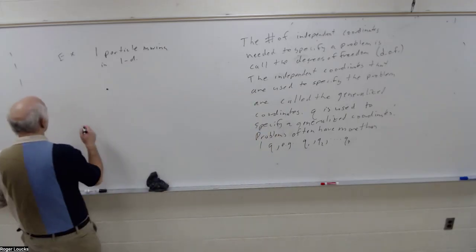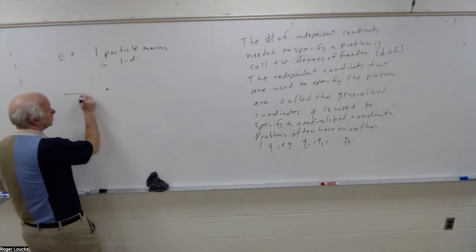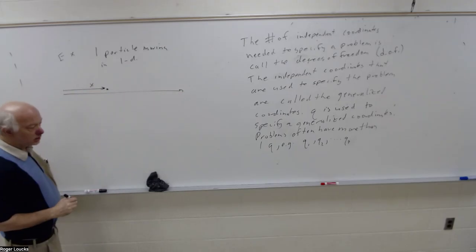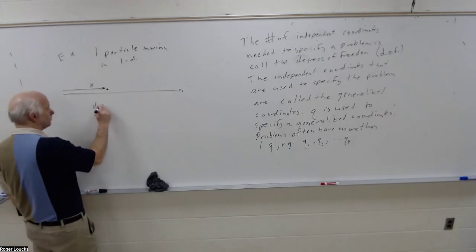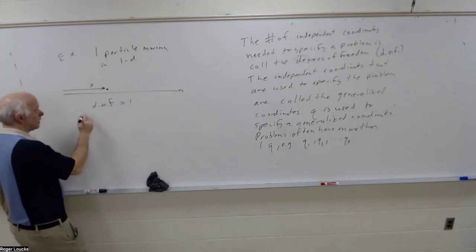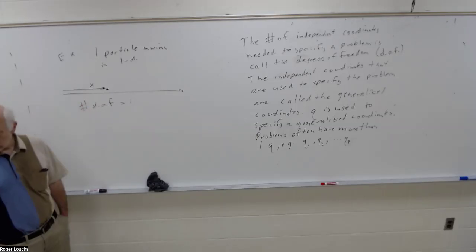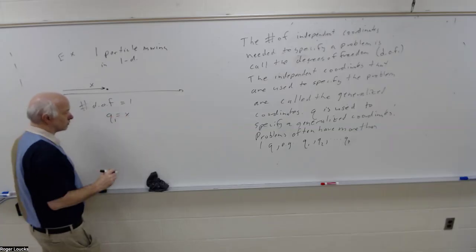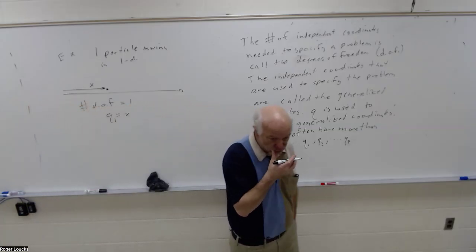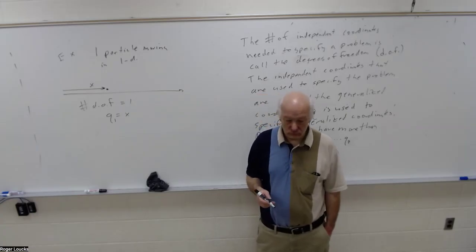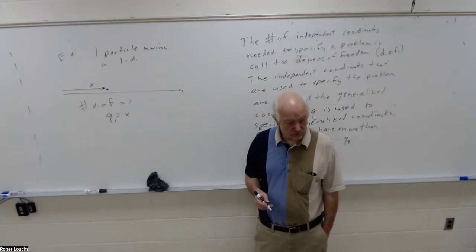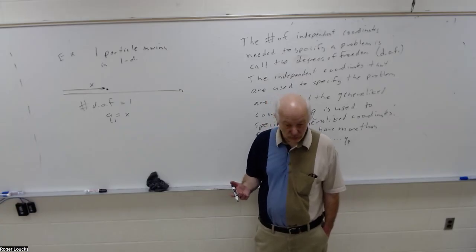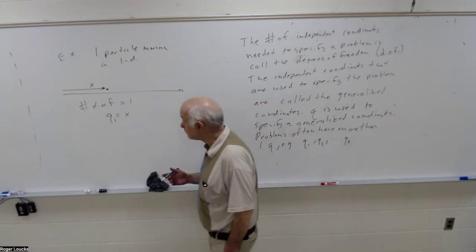So the degrees of freedom is 1, because I only need one coordinate here. I'll call this q1, and this is just going to be x. The generalized coordinate in this case would just be x. Fine.